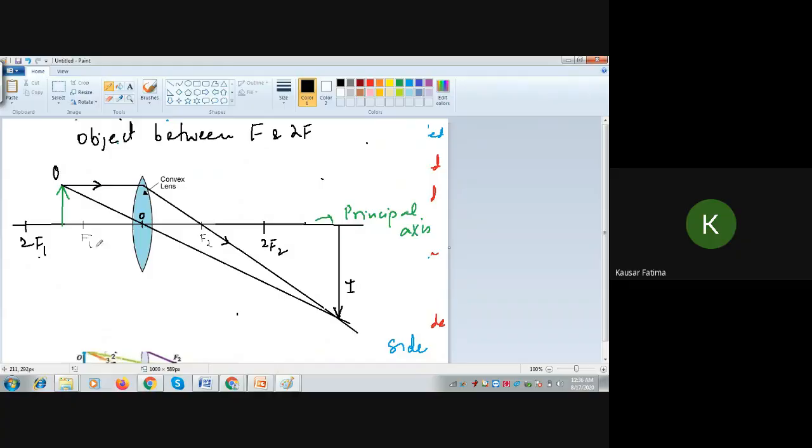Okay, this is 2f and this is f. Image forms beyond 2f, real, inverted, and magnified.